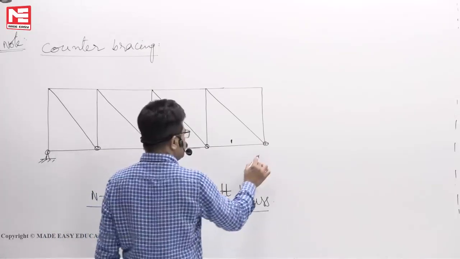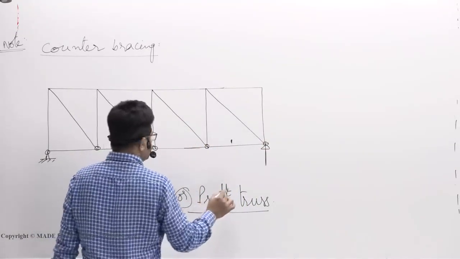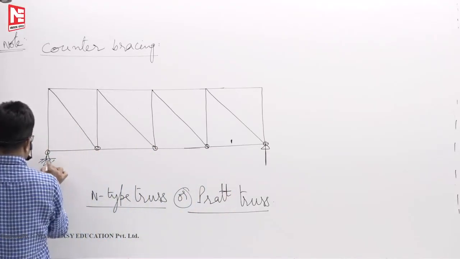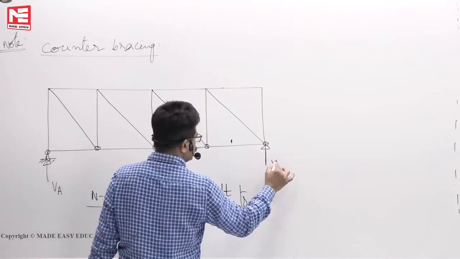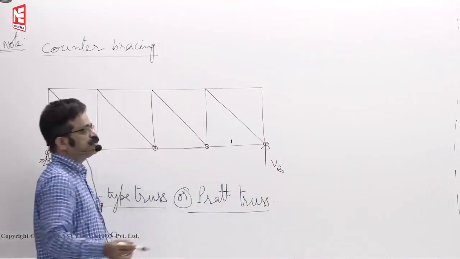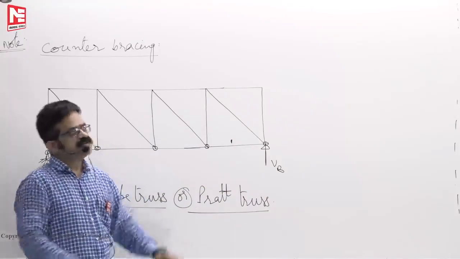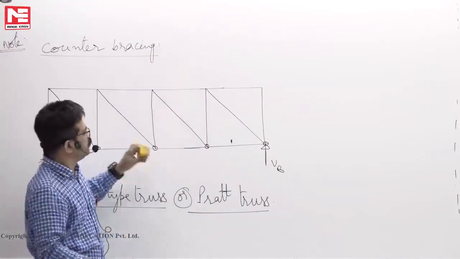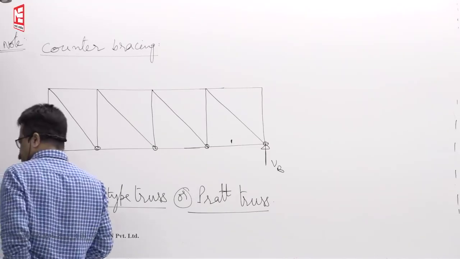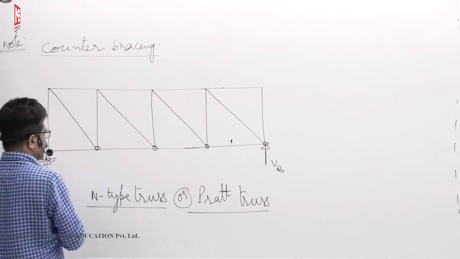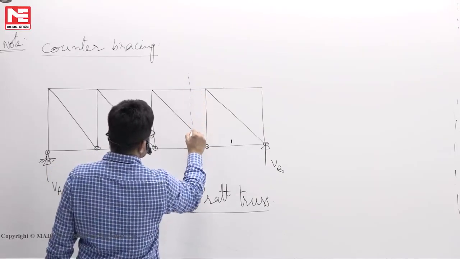Then later on people found the disadvantage of the Pratt truss. Suppose this is VA, this is VB. As I told you, this is 4 meters, this is 4 meters, and this will be 4 root 2 meters. So it is a long member, and because of that they will buckle. People found that they were buckling and failing. Suppose I take a section XX.